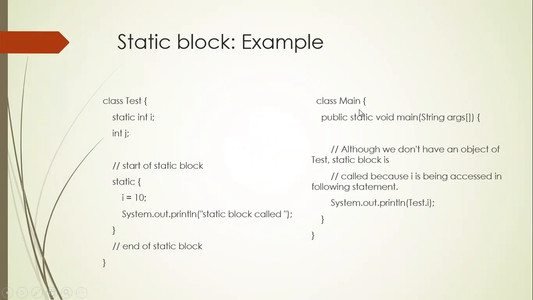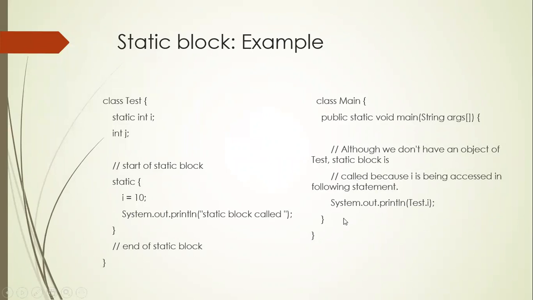And in the main program, we don't have to create any object for this static block. You can directly call it with the help of the class name. When you access i for the first time, this block will be invoked.